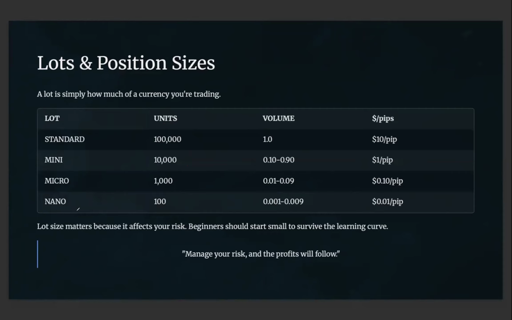So if I call a trade for you now and I say gold, buy now, stop loss is 40 pips, and you don't want to lose more than 5 to 10%, I will agree that you use 5% of your account. 5% means that you are willing to lose $5 on the account.